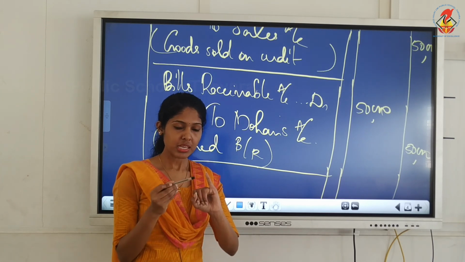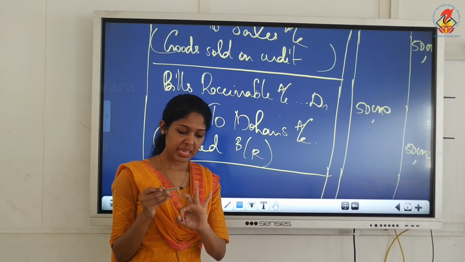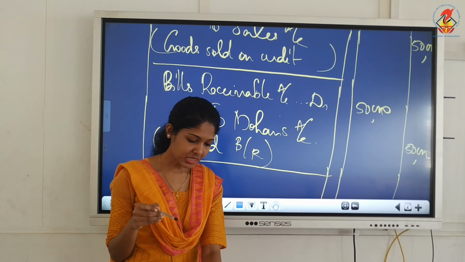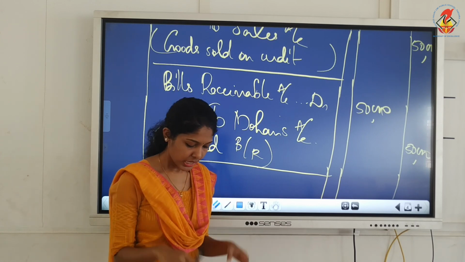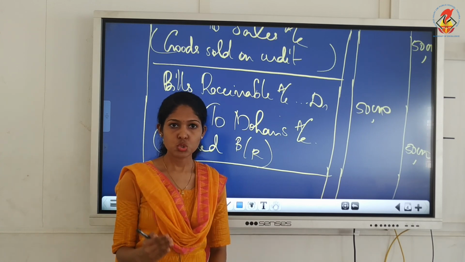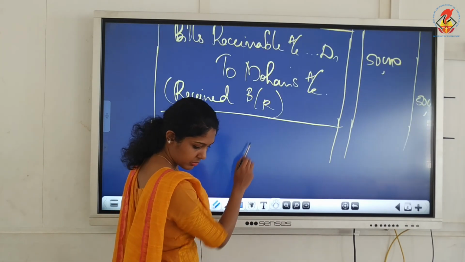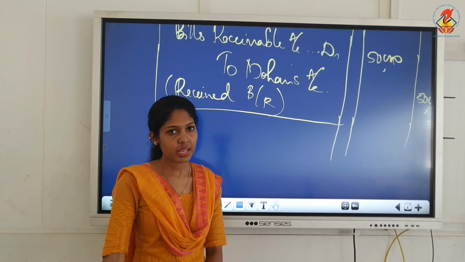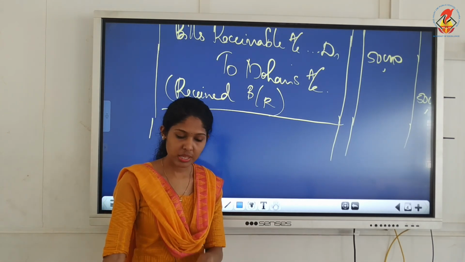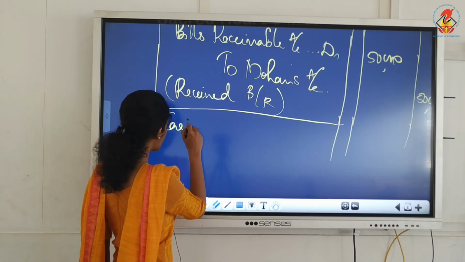So we are drawing on 1st April, then May, June, and it is written there like July 4th. It's okay even if you write June, because 3 months means you can write June also, there is no problem. If they specify the date, you can write the same date, or else you can just compute 3 months and write. And finally, when you get the payment, what will be the journal entry?